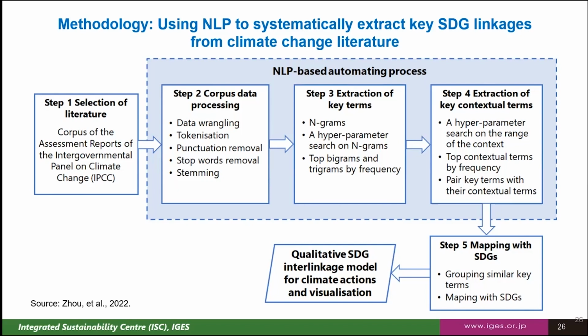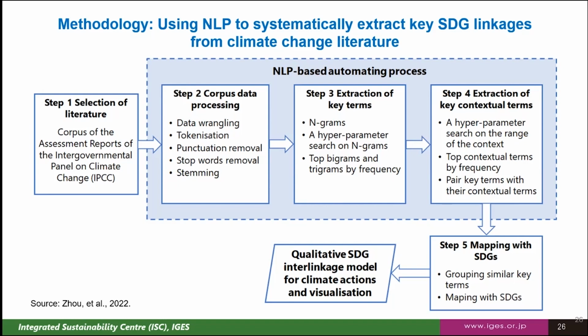To address this challenge, we developed an automated process by using AI-based natural language processing, NLP, to systematically extract key SDG linkages from the large corpus data of the IPCC and global assessment reports.